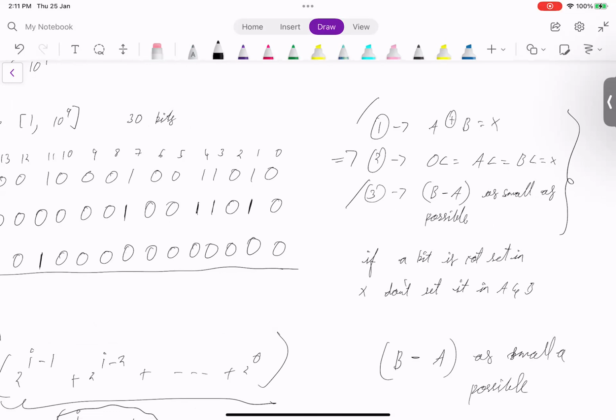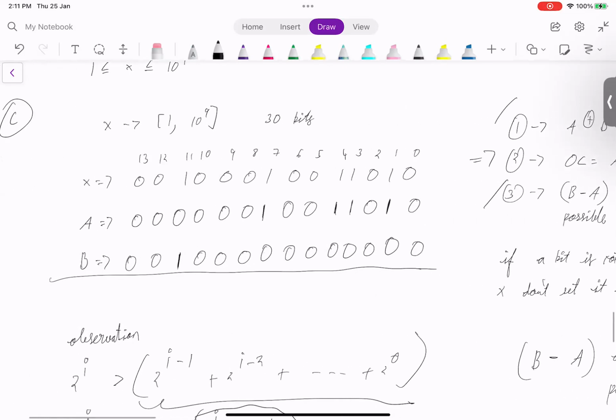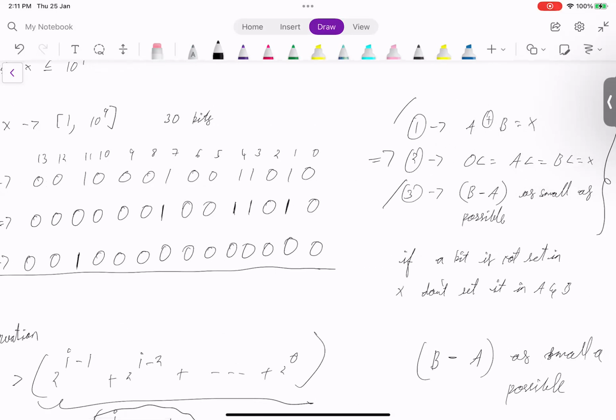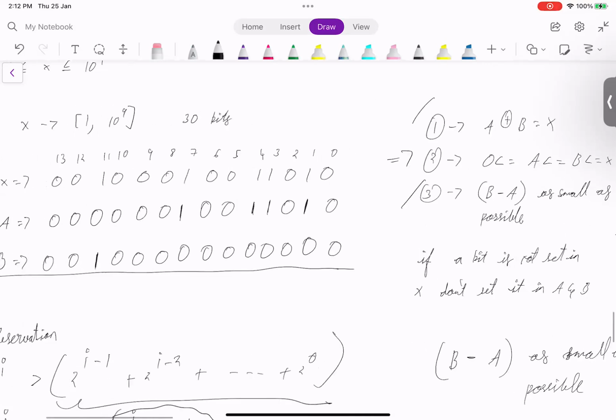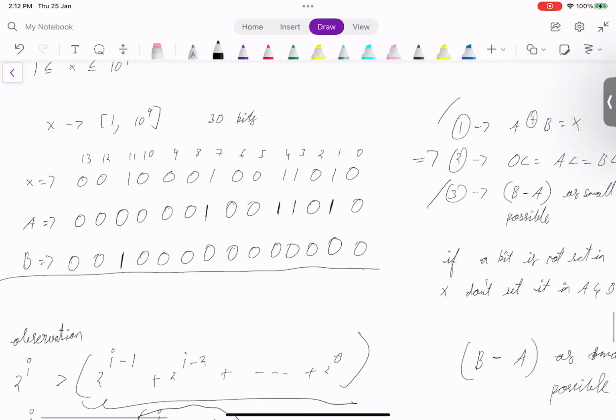So we should ensure that the second condition won't be violated. That is because we are adding a bit, we are making an unset bit set. So what can happen is the value of B can go above X. So we shouldn't allow that to happen. So now let's see how many bits we can set to 1 in both A and B such that the second condition won't be violated.